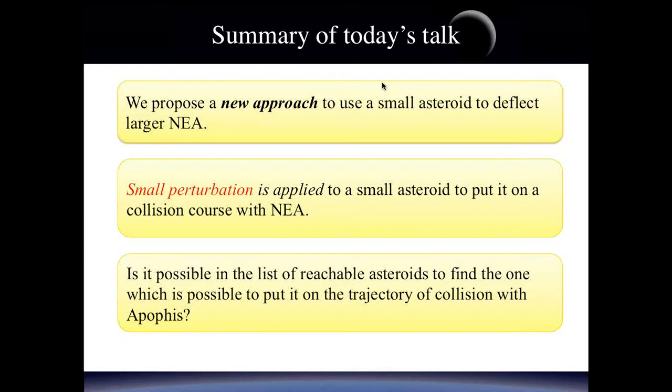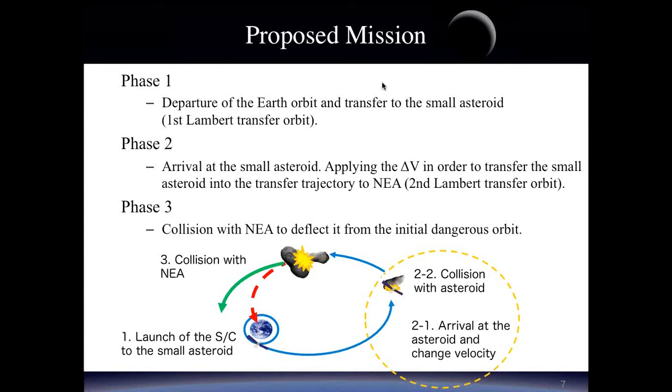And the possibility is evaluated of changing the small asteroid's orbit by application of a very limited delta V impulse to put it on a collision course with the near-Earth asteroid.